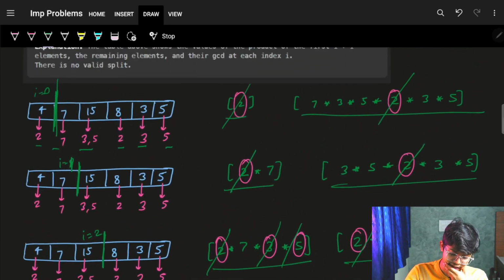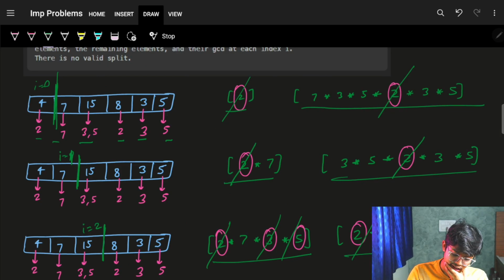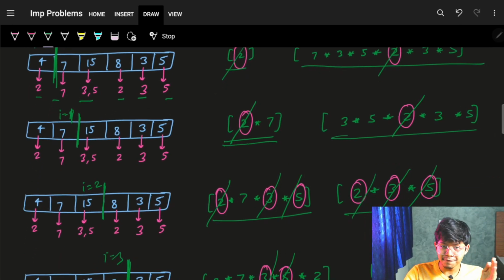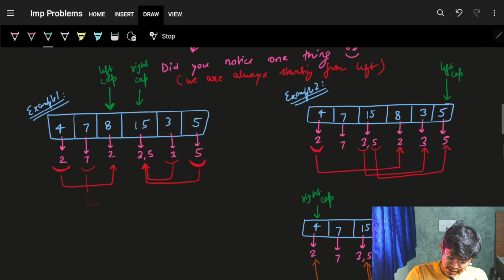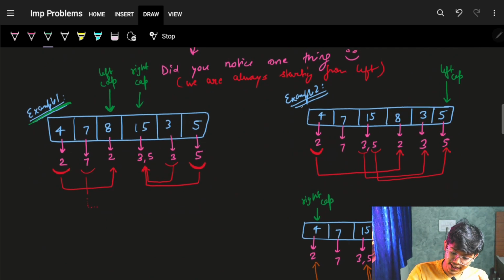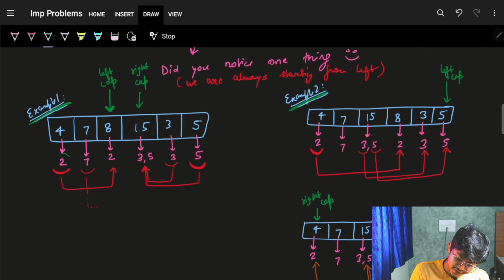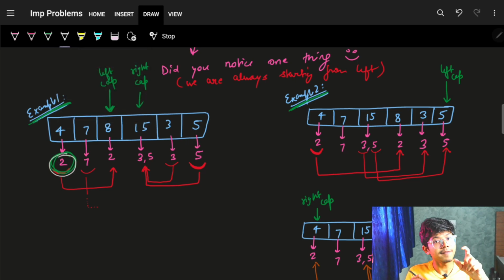Now you saw one thing right here. I was just moving ahead for every number, which means that if it is example 1 and it is example 2, when I was at 4, it means the prime factor was 2.